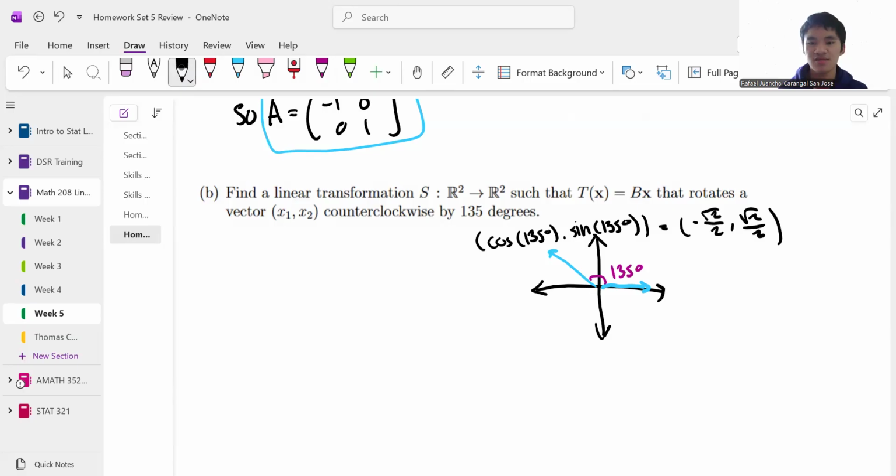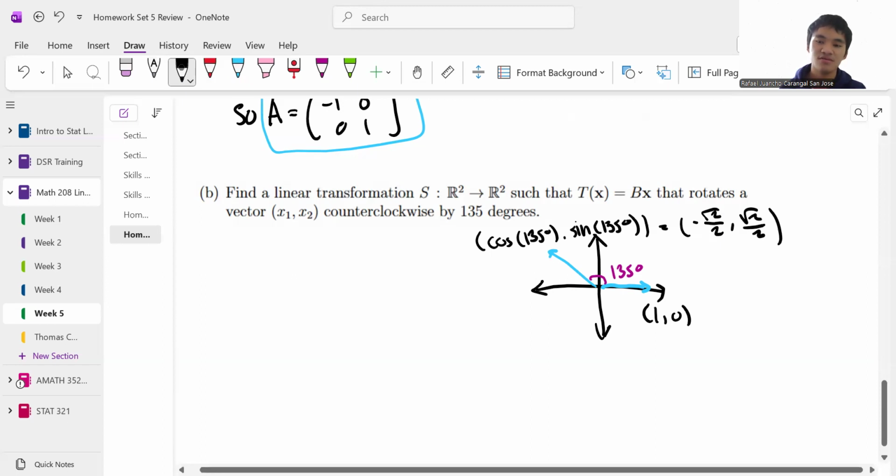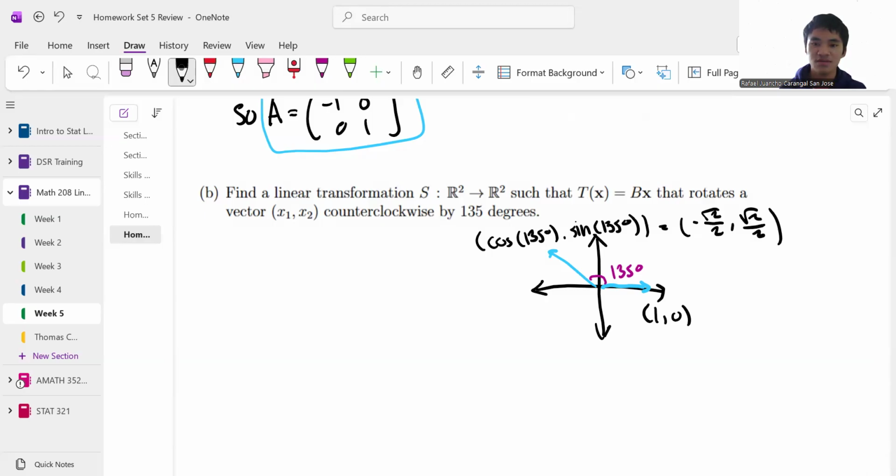So when we rotate this vector here, we say this is 1, 0, or this ordered pair, this point, we would get this. Okay. We can think of them as vectors at the end of the day. So in general, what are we doing here? We are rotating x sub 1 and x sub 2 by these guys.